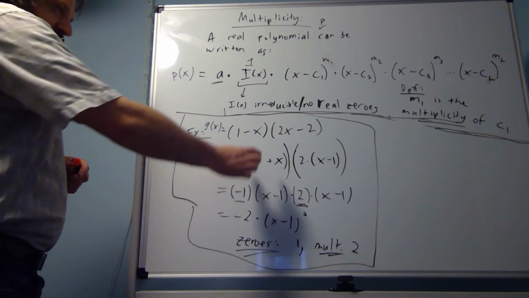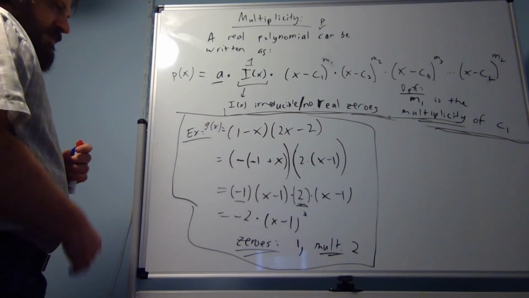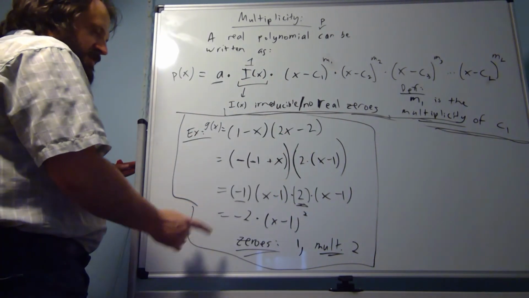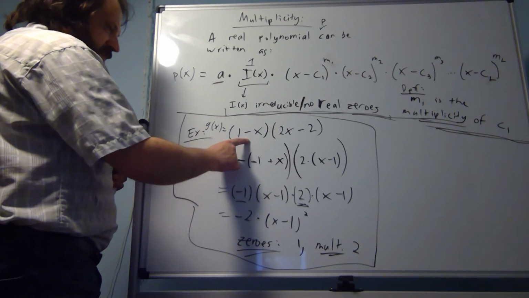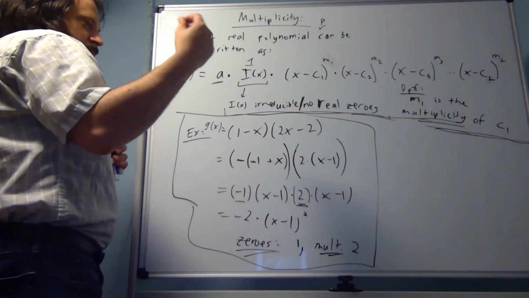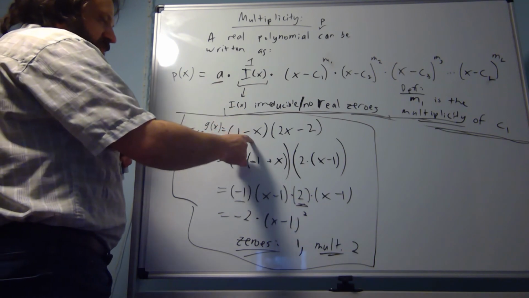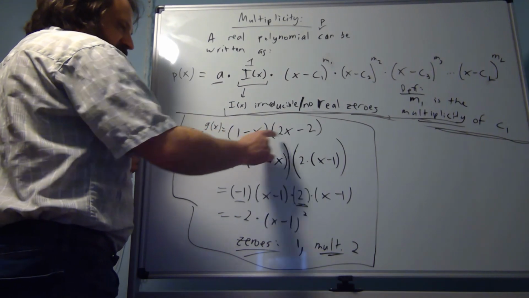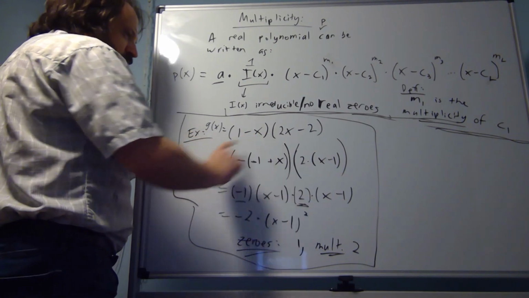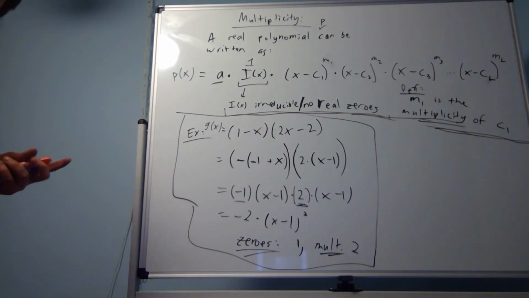If we're really checking to see whether you're being skeptical or really paying attention, well, if you have these two factors at the end of your problem and you recognize that plugging 1 makes this one 0 and then plugging 1 also makes this one 0, in your brain you should be like, oh wait, that looks familiar. If your final answer says you have a 0 that's 1 with multiplicity 1 and then 1 with multiplicity 1, if you say that twice, whoops, those are supposed to be grouped together.